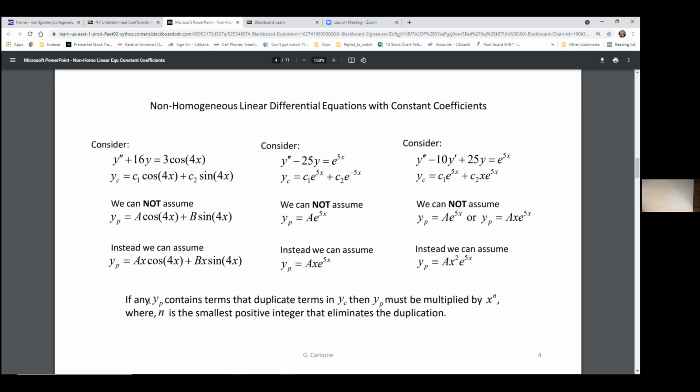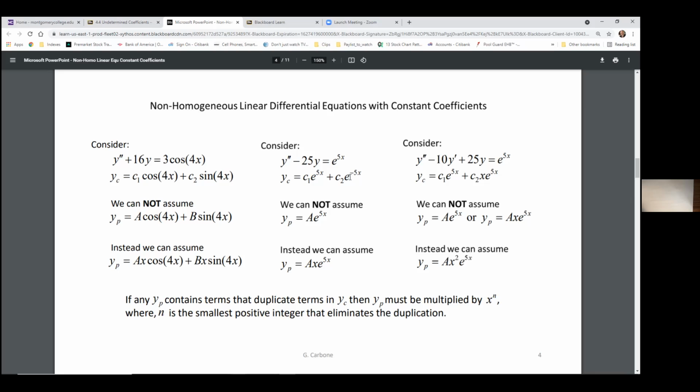So the rule is that if any particular solution contains terms that duplicate the complementary solution, then we multiply the particular solution by x to the n, where n is the smallest possible positive integer that eliminates the duplication. So for example, here we had this differential equation, and it turns out this is the complementary solution.